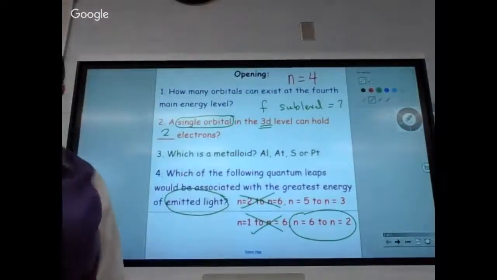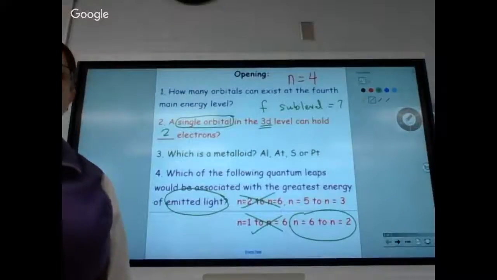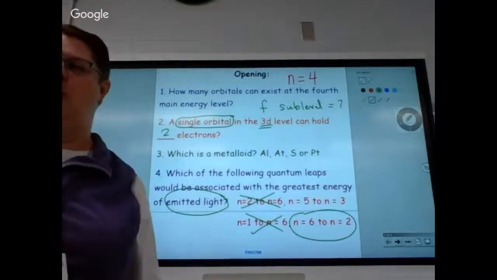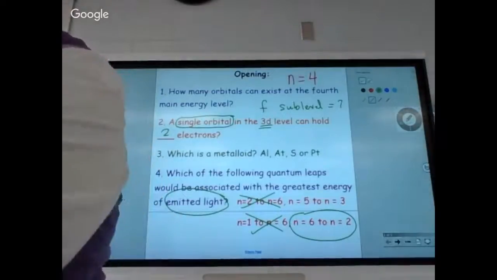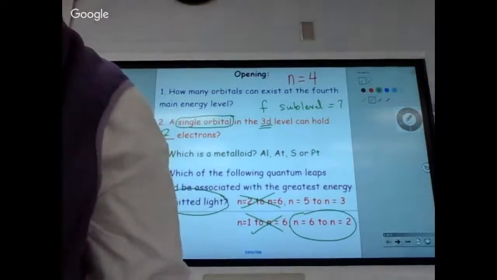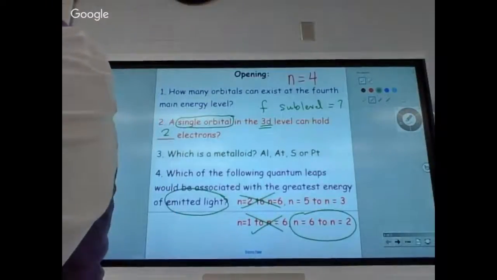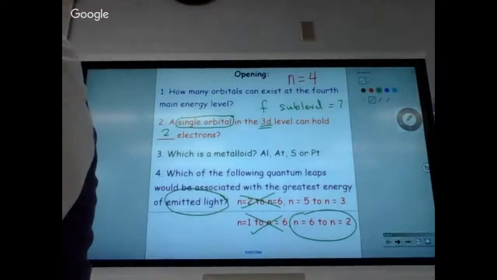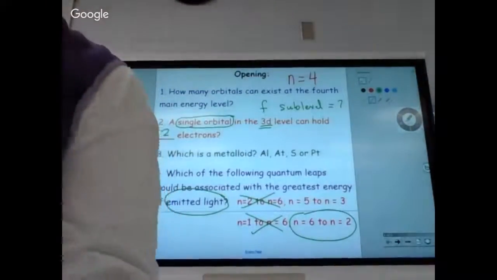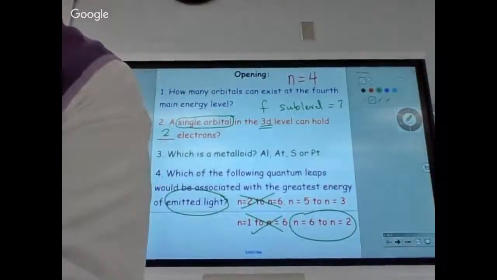All right, can we talk homework? Let's talk homework and applying the numbers. Let me find my questions so I'm not staring over somebody's shoulder the whole time.